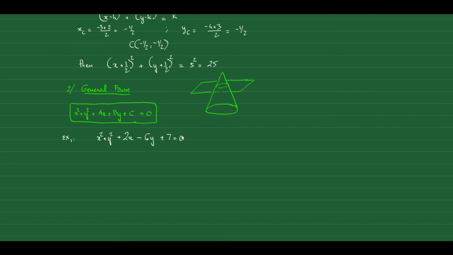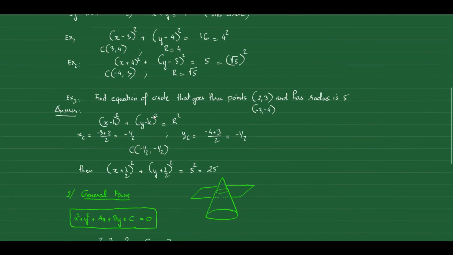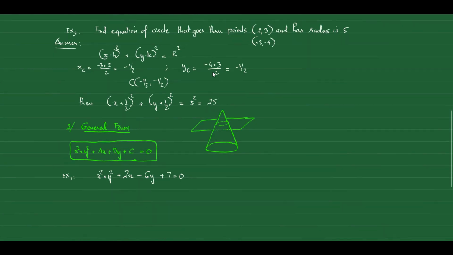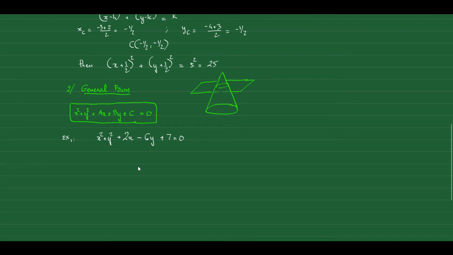Now, if you look at this form, you recognize this is the equation of the circle. But the thing is this: if you compare the two forms, for the standard form you can get the center and the radius right away. But for this one, you're like, where's the radius? Where's the center, right? It's very hard to define.